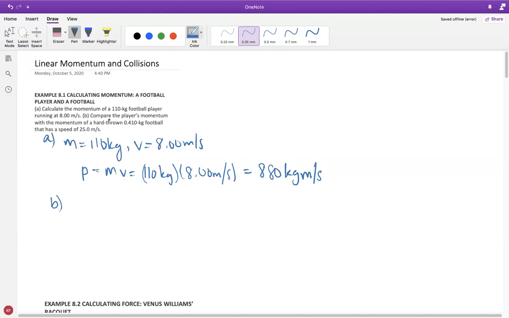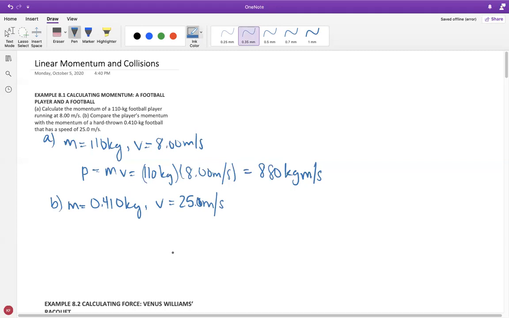Now we want to compare that momentum to the momentum of a thrown football. Okay, so the mass of the football is 0.41 kilograms, and it's thrown at a speed of 25 meters per second.